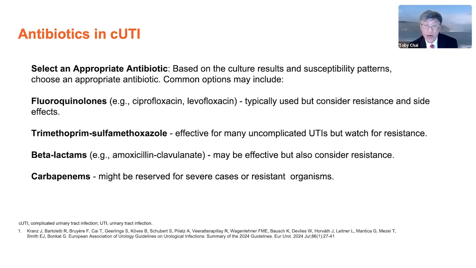We use it a lot, certainly for uncomplicated UTI, but it can be used for complicated as well, but the resistance in some communities is also in the 20% range. Beta-lactams with beta-lactamase inhibitors can also be utilized, such as amoxicillin-clavulanate. And then carbapenems could be thought of also for the cases where there are multi-drug resistant organisms. Next slide.